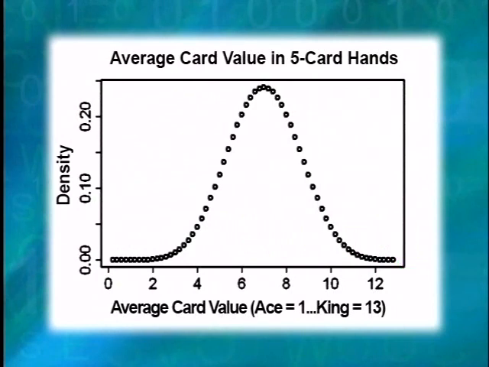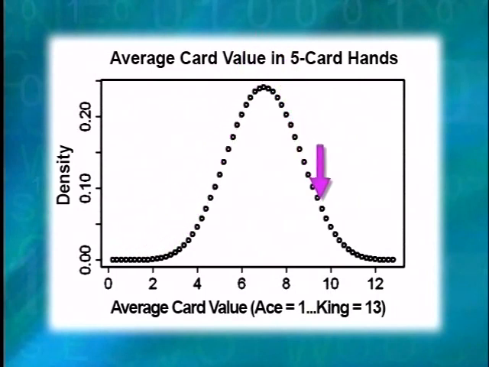Then you're dealt 5 cards, and you just take the average of those numbers, which is called the average value of those cards. If we looked at all possible 5-card hands of that sort and looked at their average value, we would get a histogram that looks like this.